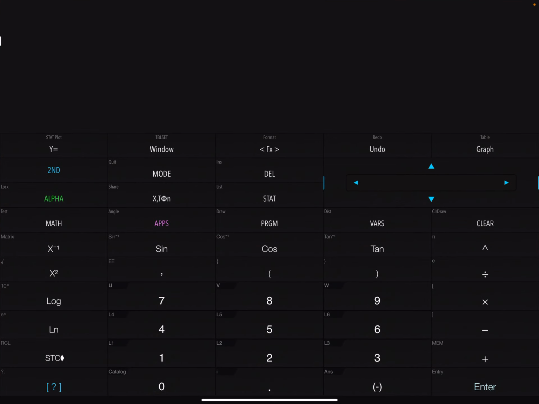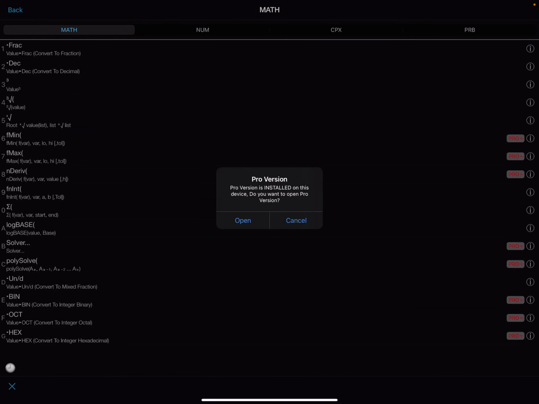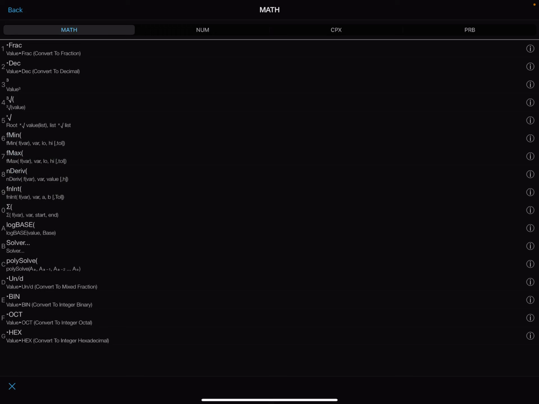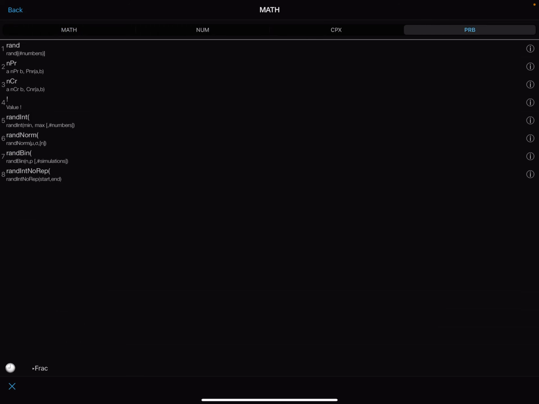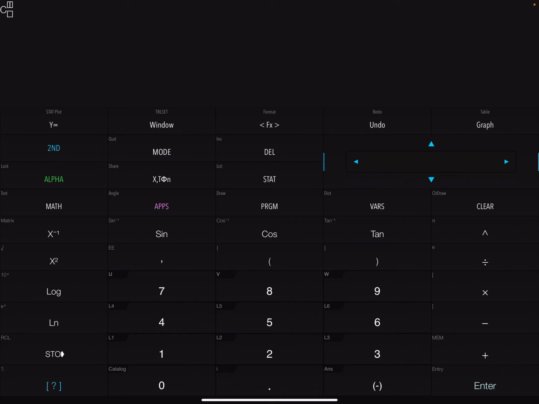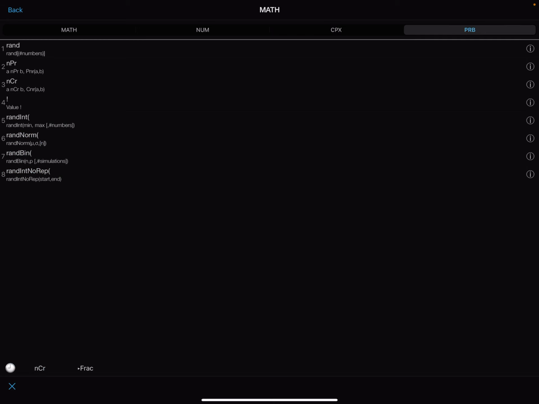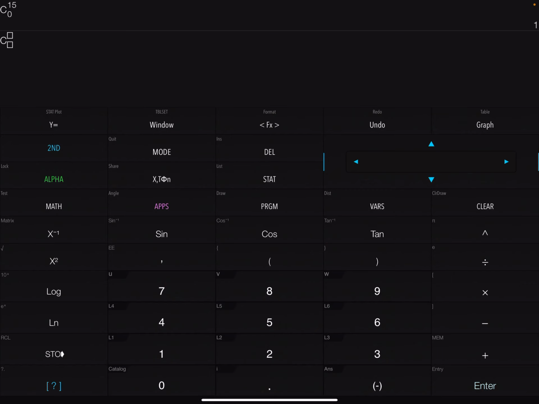So then you would go math, and then prob, and then N choose R. So then N would be 15, and then the other one was whatever it was, 0, I guess. And then enter, and that's your answer. So again, it was math. Make sure that you're highlighting PRB, and then you have N choose R right there, okay?